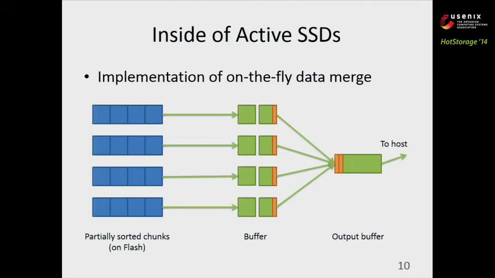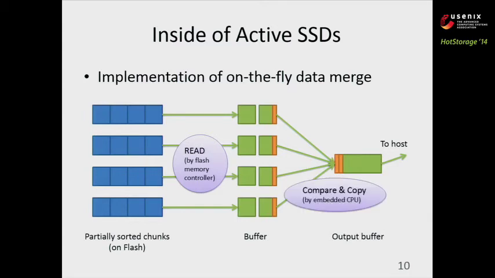I show the detailed implementation of active sort inside of the active SSD. The flash memory controller reads the partially sorted chunks, which are always stored in the flash media, then fills the contents into a temporary buffer in DRAM inside of the SSD. We use multiple depths of temporary buffer to maximize interleaving efficiency.